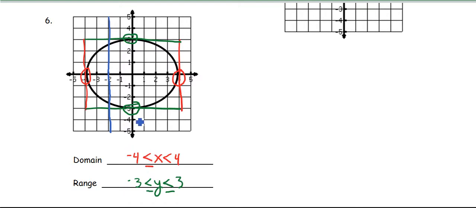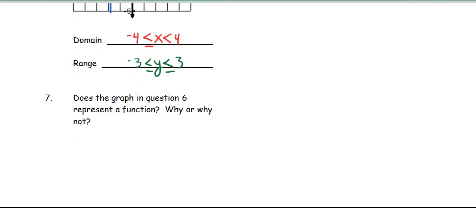Now that blue line, does it touch the graph in more than one place? Yes, it touches there, and it touches there. So if it touches in more than one place, it is not a function.